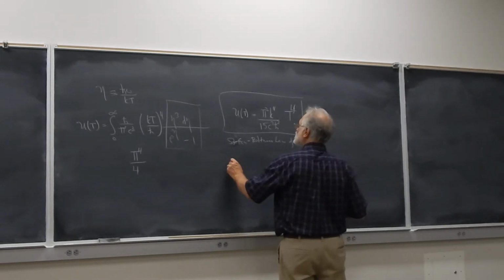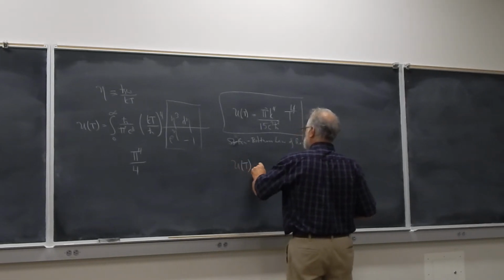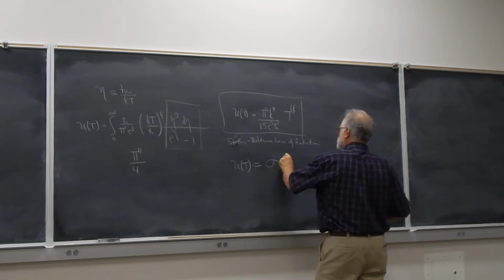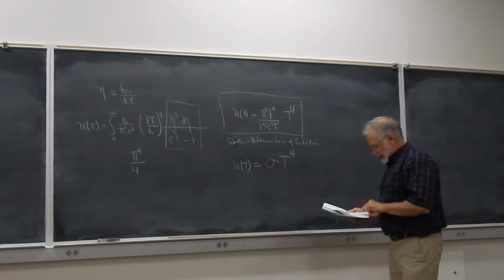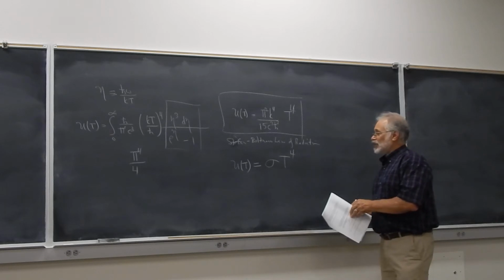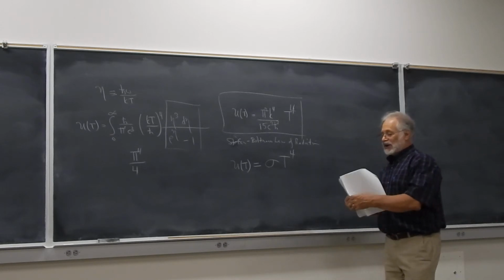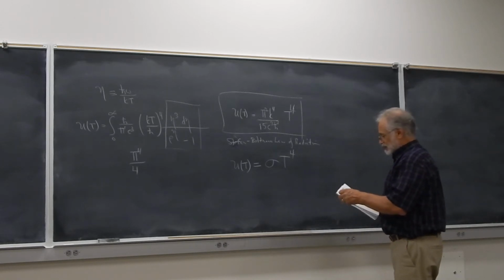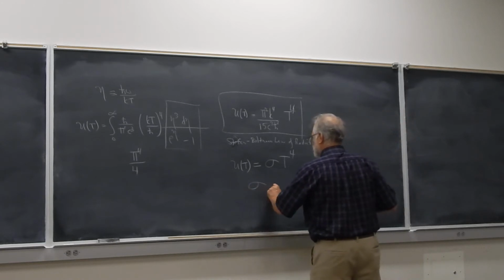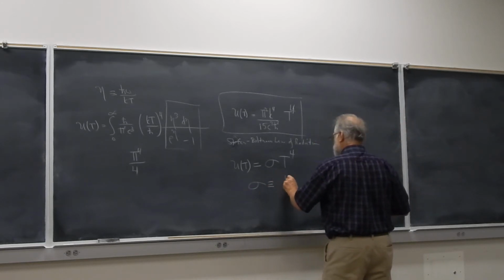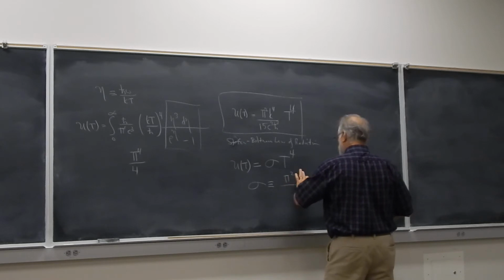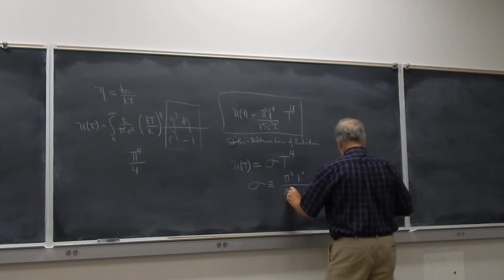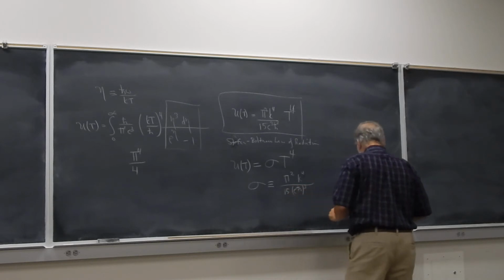Oftentimes we express the law as a constant, which we call the Stefan-Boltzmann constant, times T to the 4th. What it says is that the energy is proportional to the 4th power of temperature. And of course, sigma is defined as the Stefan-Boltzmann constant, pi squared k to the 4th over 15 c h bar quantity cubed.